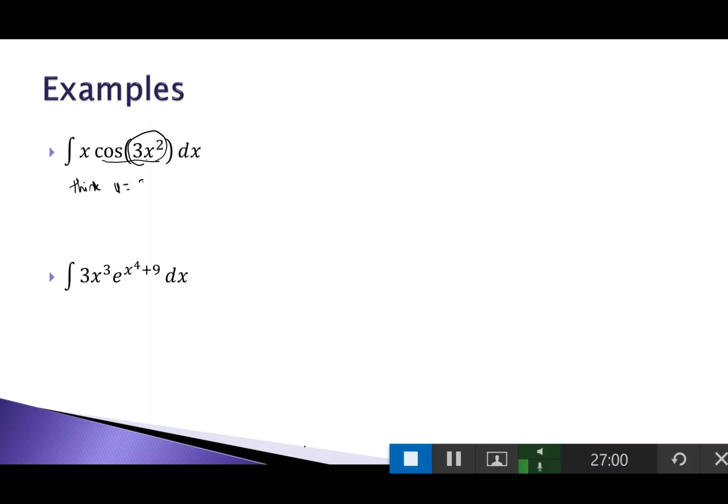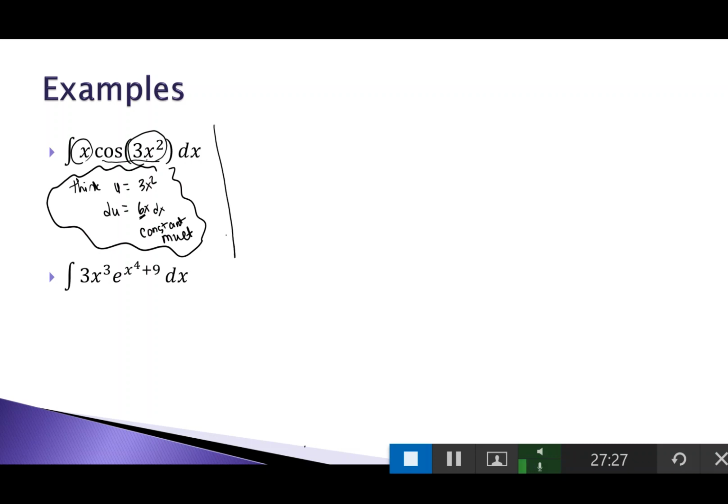If I let u be equal to 3x squared, then the derivative of that is 6x dx. All I have outside is an x, but it's only off by a constant multiple, so I'm okay. So that's my little thought cloud. It's a constant multiple off, so I'm good to go.